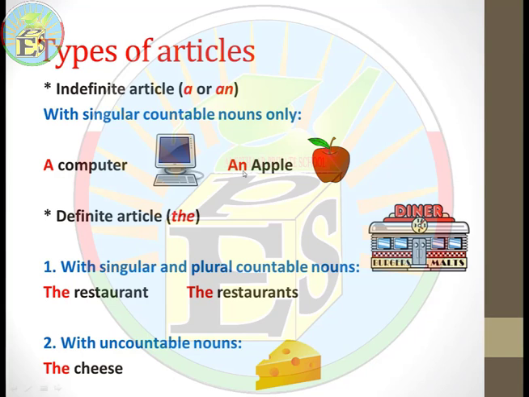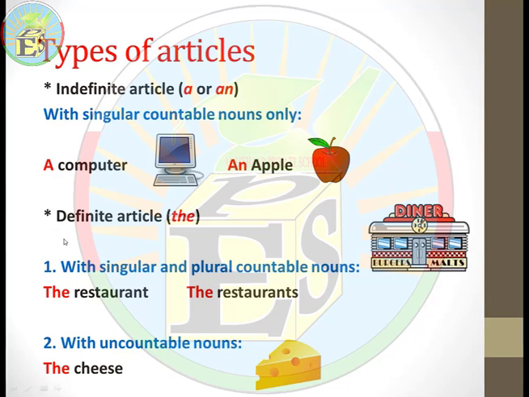We have 5 main vowels in English: A, U, I, E, and the last one is O. Alright, so a computer and then an apple. So any words that start with any of the vowels, an orange, it starts with O, so we have to write an, the article an.